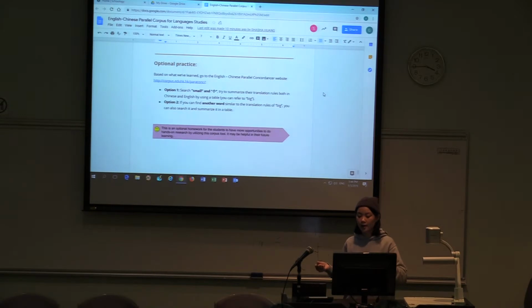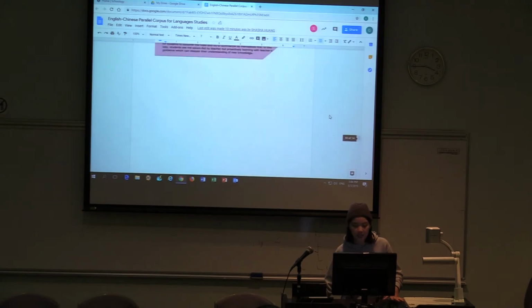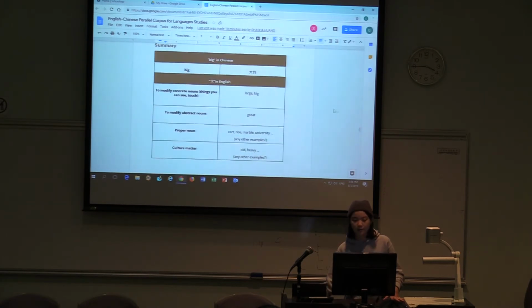And in this part, the teacher will require students to summarize translation rules like in the previous stage we showed them, and summarize the rules in the table like what we designed in the class activity, just like this one.